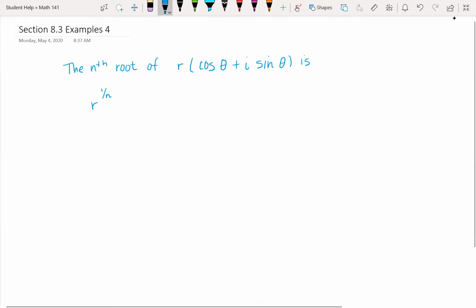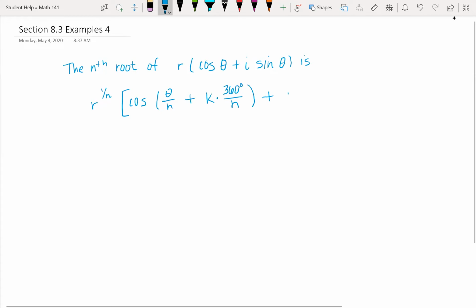When you take 1 over a number, like 1/2, that means the square root. And then as far as the angle is concerned, we divide the original angle by the number of roots that we're trying to find. And then I'll talk about this part that's added on here in the end.